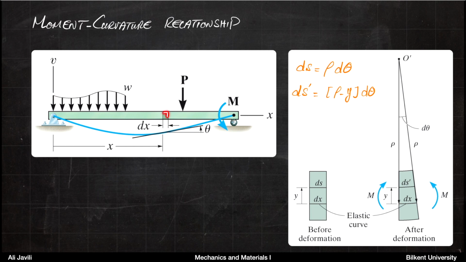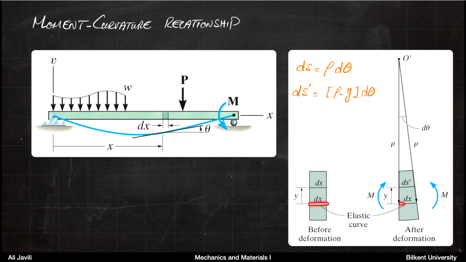So if we take that little increment and enlarge it here, you remember what we have done before. We talked about the so-called neutral axis. And on the neutral axis, we said that under deformation, the length of the neutral axis doesn't change.